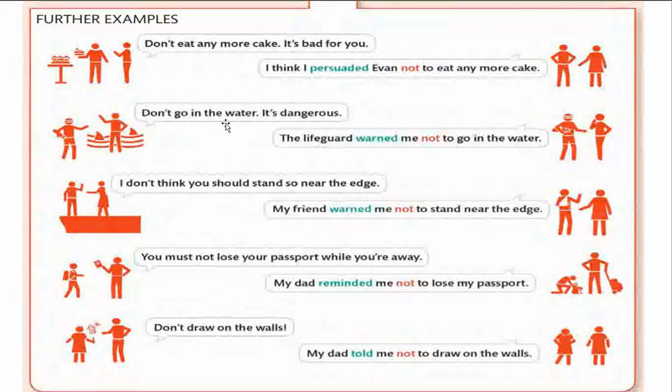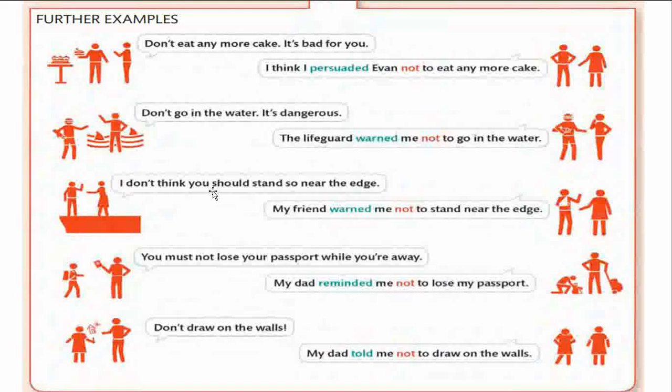Don't go in the water. It's dangerous. The lifeguard warned, because this statement seems like a warning, the lifeguard warned me not to go in the water. Here we have the negative word and the infinitive.